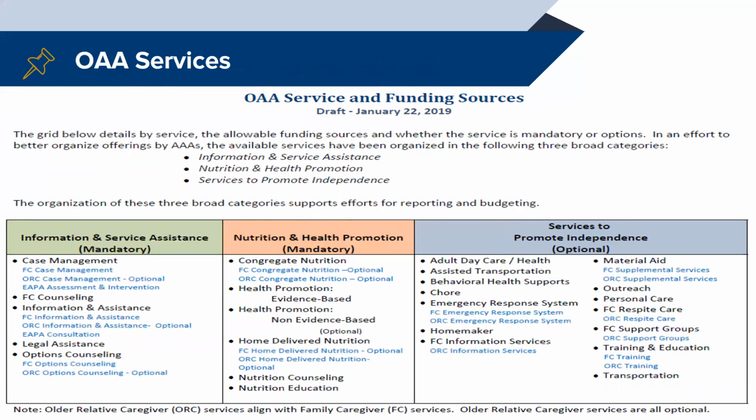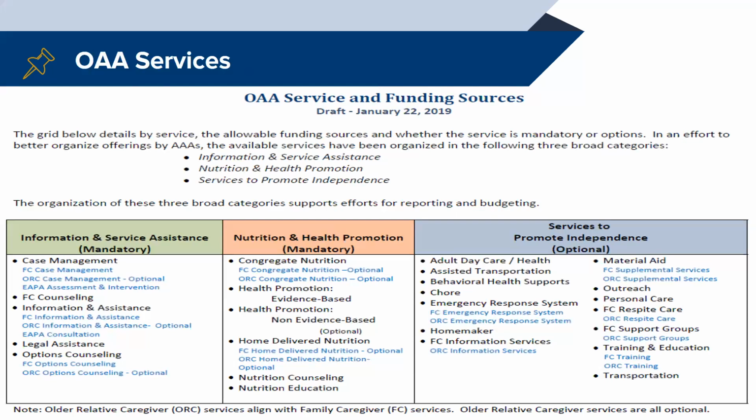With the first two categories that are mandatory, if you look underneath, for case management, now you have family caregiver case management and older relative caregiver case management, where those are optional. Older relative caregiver case services are all optional. And we tried to indicate that on those different services to help provide a little bit more clarification.